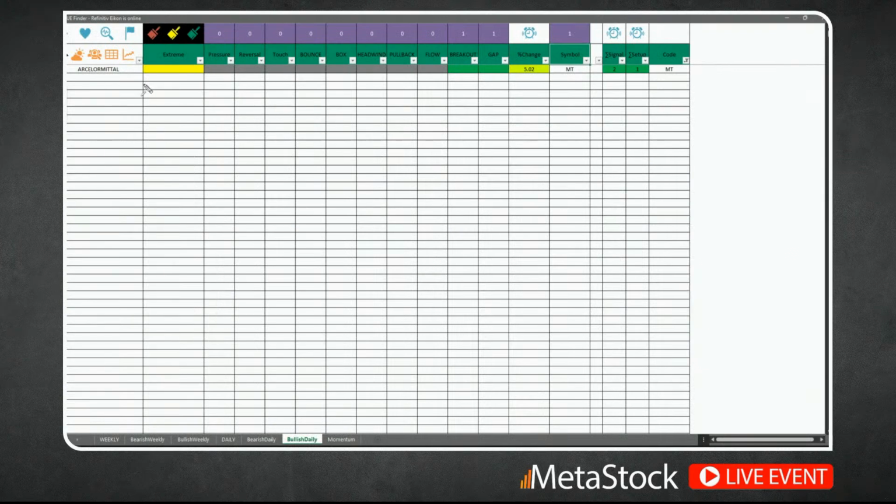What it is telling for ArcelorMittal here, MT is the ticker. This is today's data, up by 5%. We have a breakout long. This is the bullish daily tab. We have a gap long setup. And I could cross-reference different signals.